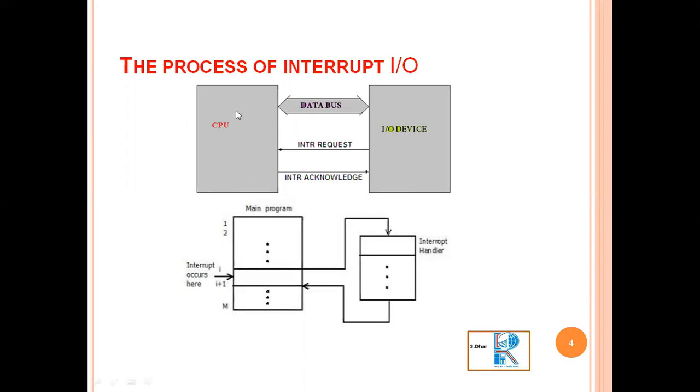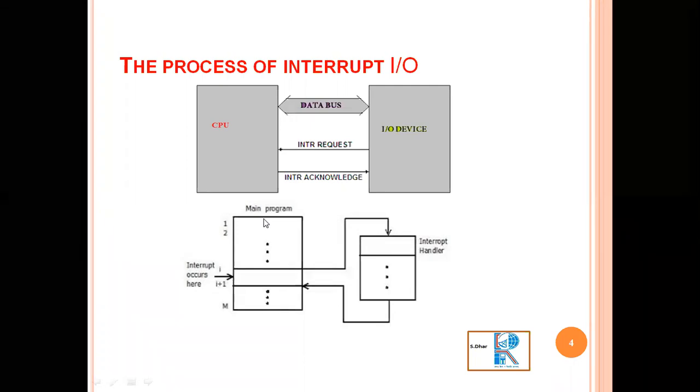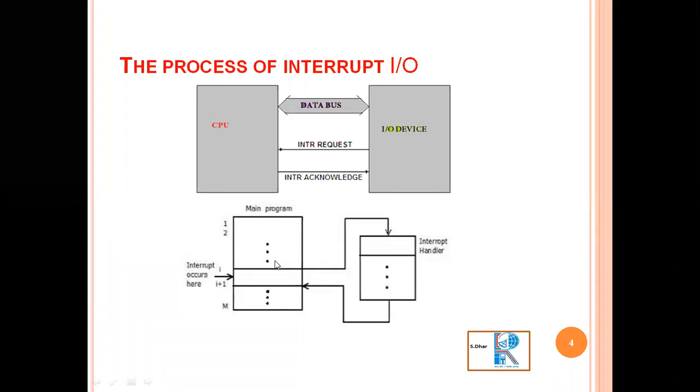Now, how the CPU finds out the particular IO device, I will discuss later. So this is the process in interrupt driven IO. Now what happens here? Suppose this is a main program. You know that the main program is written into the RAM. So the CPU is executing the program here. This is a sequential program execution. Now here in this position, at the ith instruction, suppose one interrupt comes from this IO device.